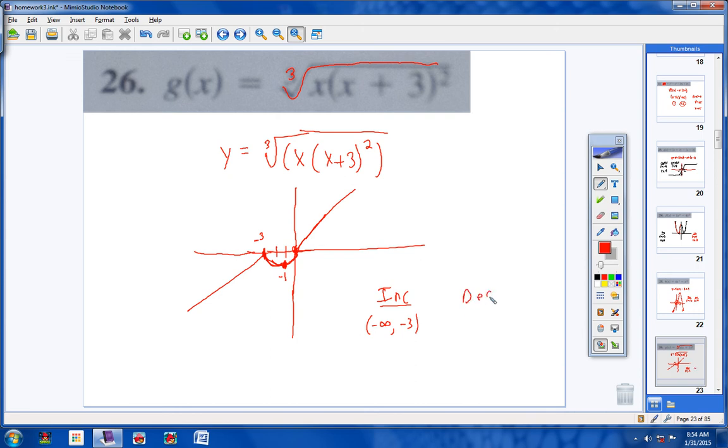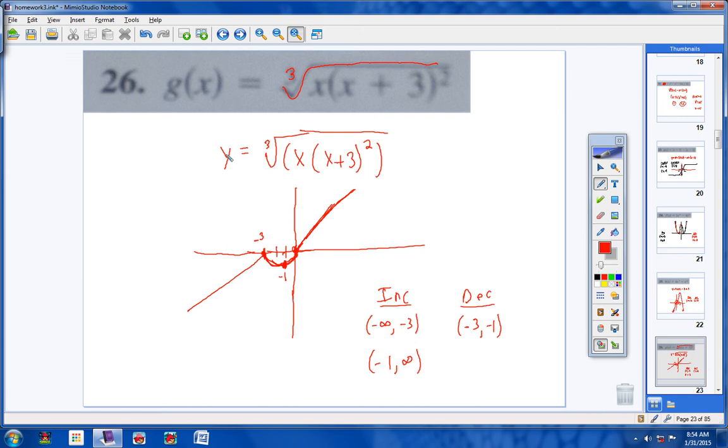So, it decreases from -3 to -1. Those are the x values, -3 to -1. And then it starts increasing again from -1 to infinity. I know it does a little kind of slide thing here, but it does not quit increasing. It continues to increase. So there we go, guys. Work on these, and hopefully you're getting them.